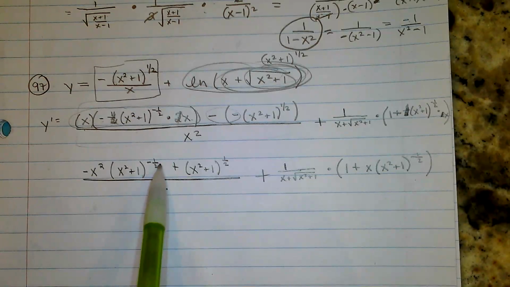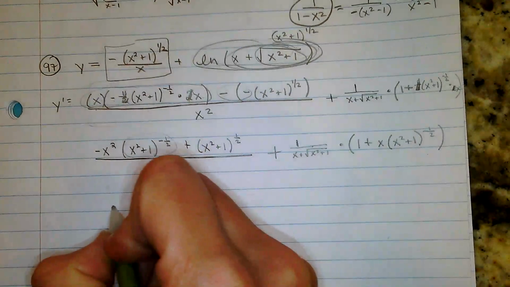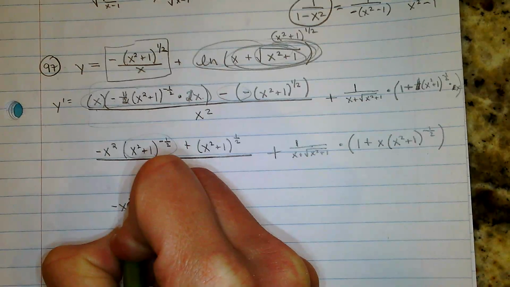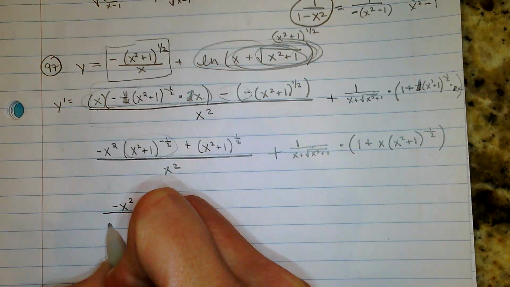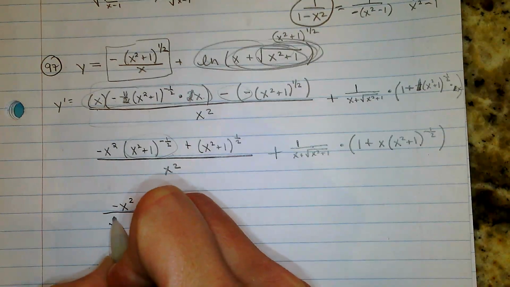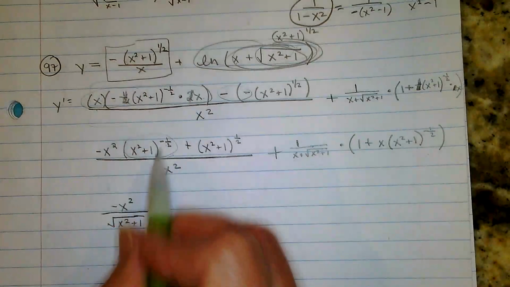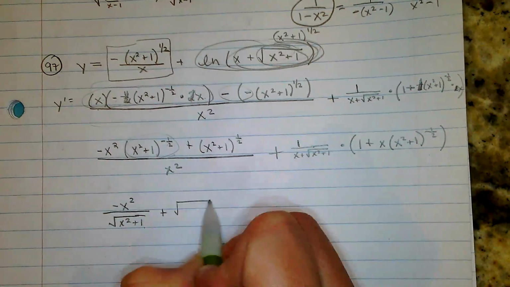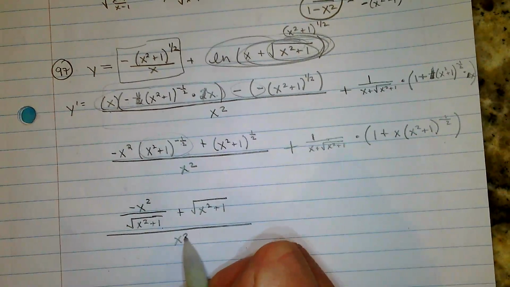because we can create a complex fraction and maybe clear the complex fraction. So I have negative x squared over root x squared plus 1. I want the 1/2 back to a root, plus root x squared plus 1 all over x squared.